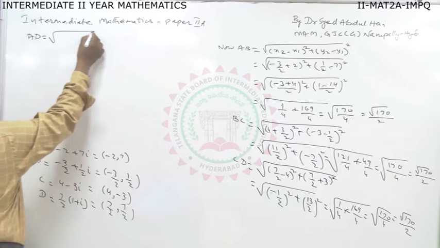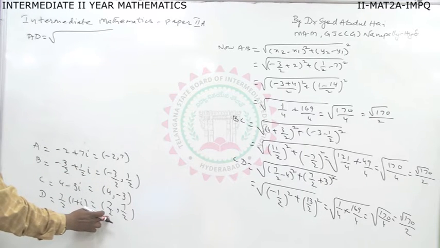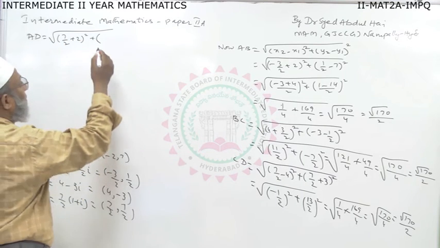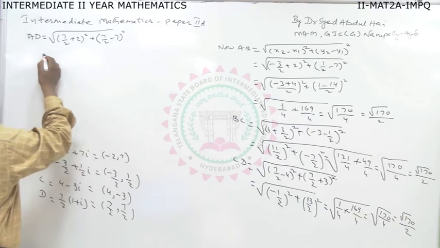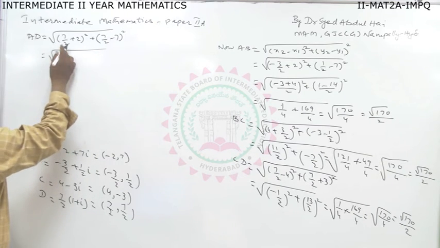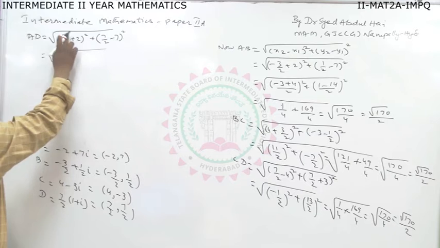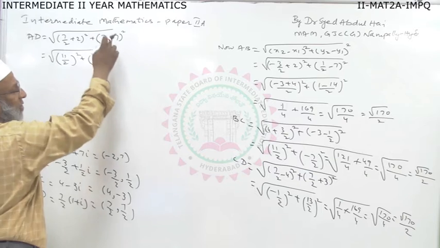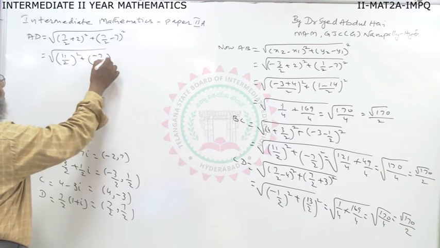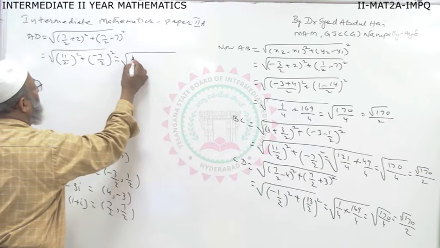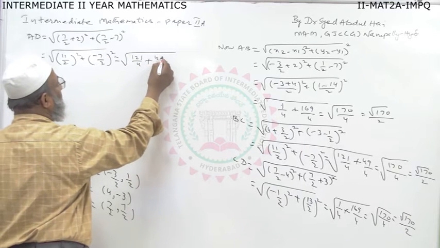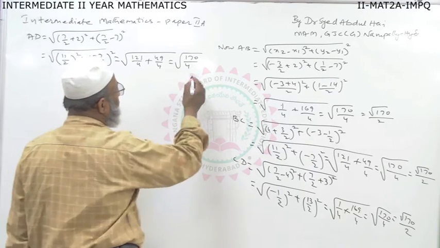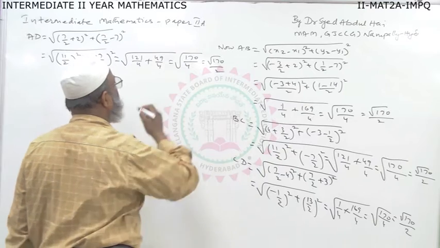Now DA is equal to 7 by 2 minus 2 become plus 2 plus 1 by 2 whole square plus 7 by 2 whole square plus 2 7s are 14, 7 minus 14 is minus 7 by 2 whole square, which is equal to 121 by 4 plus 7 square is 49 by 4, which is equal to 170 by 4, which is equal to root of 170 by 2, right?